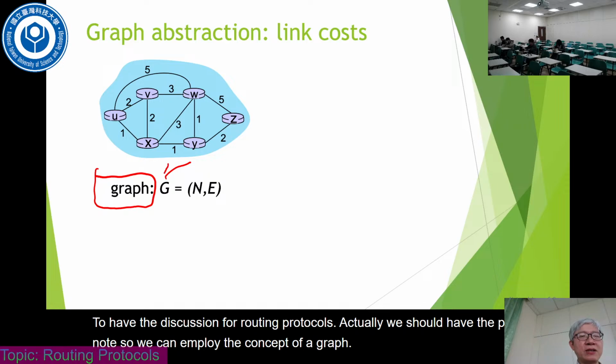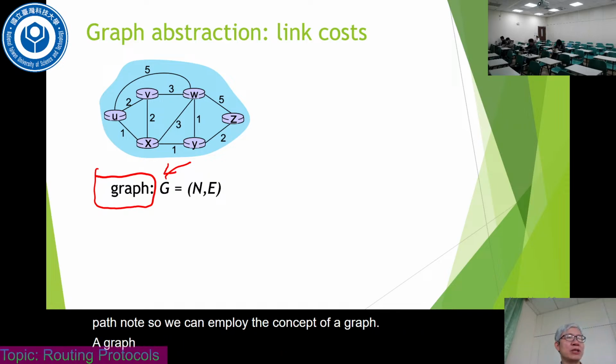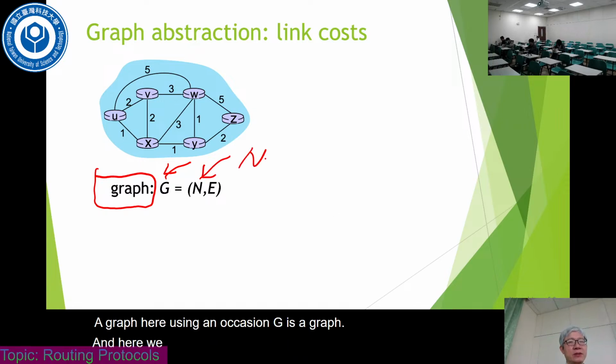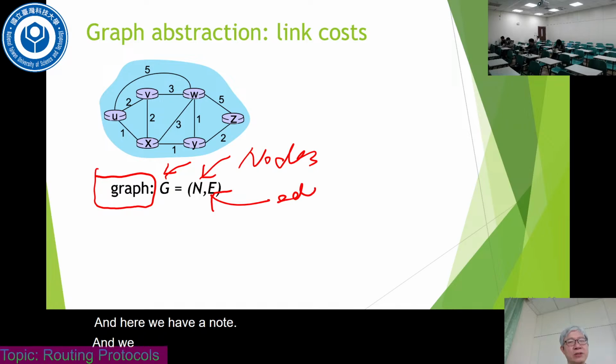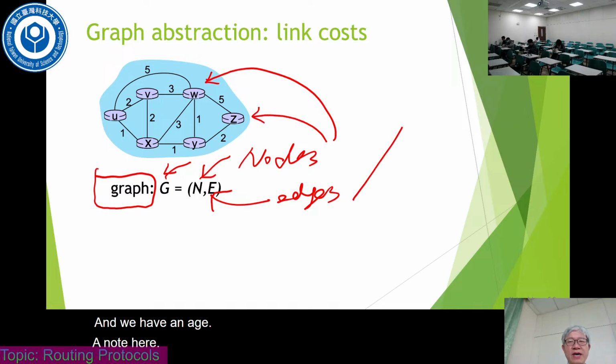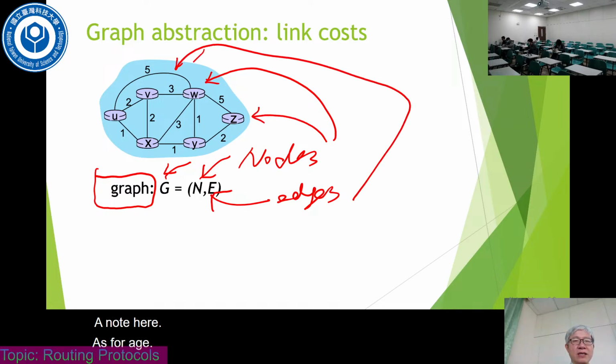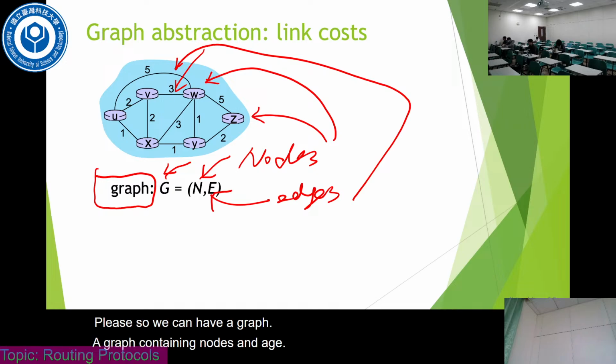A graph here, using the notation G, has nodes and edges. So we can have a graph containing nodes and edges.